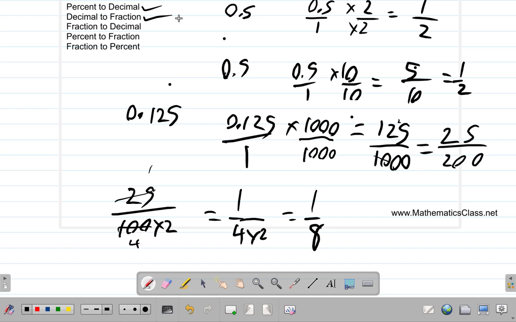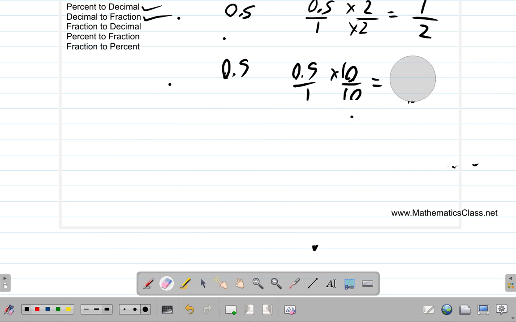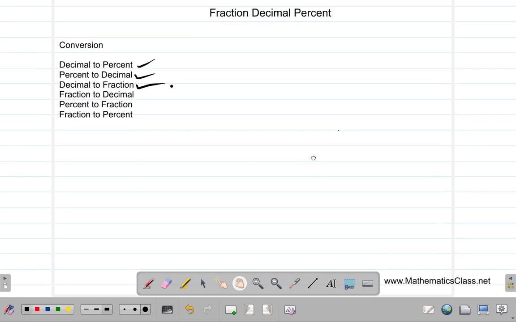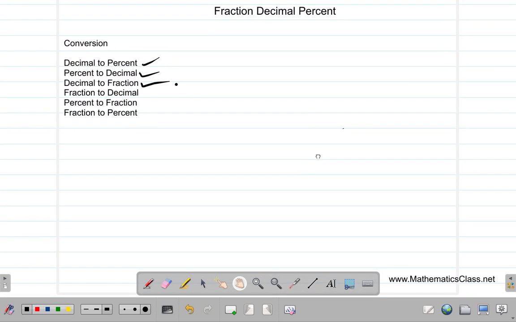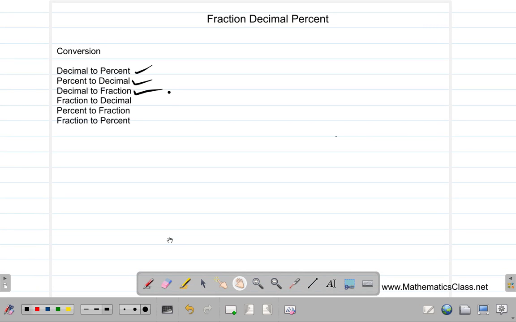Now, we won't necessarily go in order. What we're going to do here is convert from percent to fraction. We're going to leave the conversion from fraction to decimal for a different video.